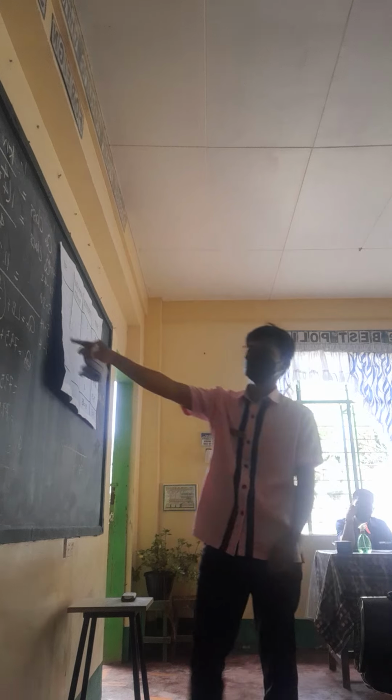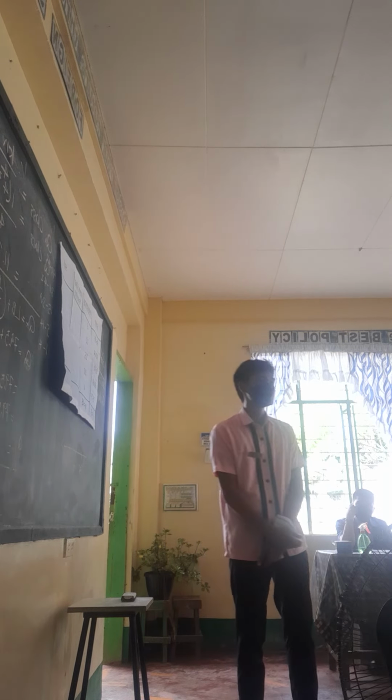Here, k is the nth quartile, n is the total frequency, X sub LB is the lower class boundary, and so on. So this is the solution. Example. Is it clear?